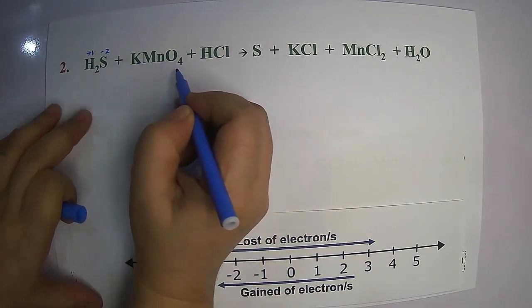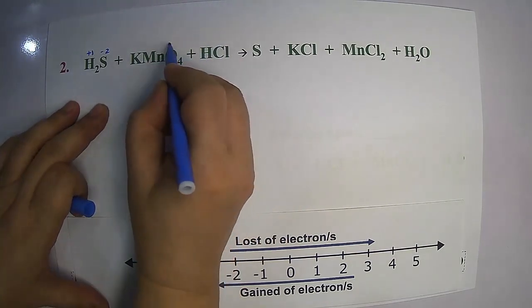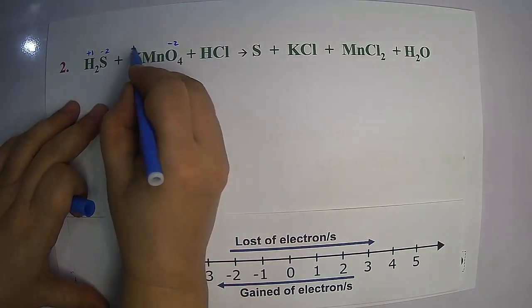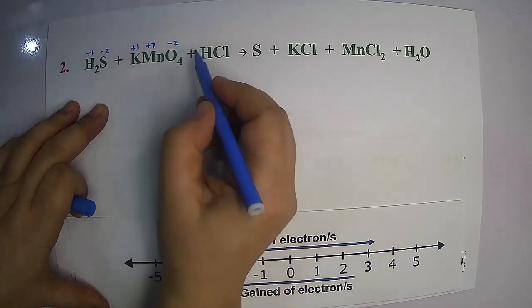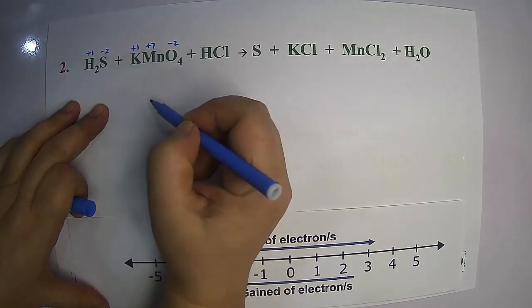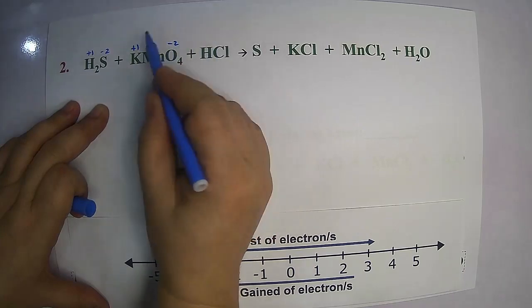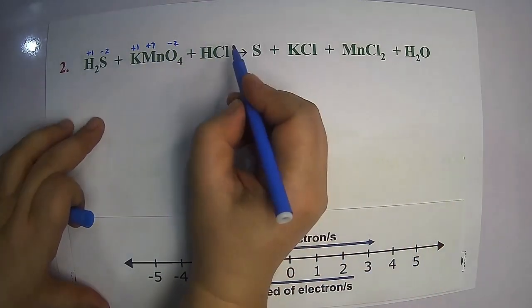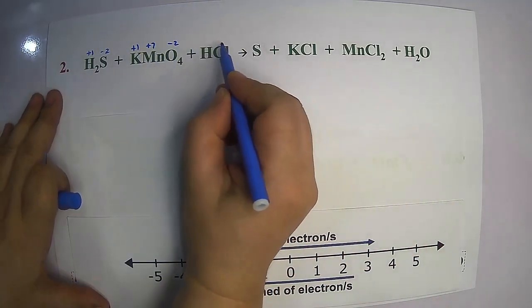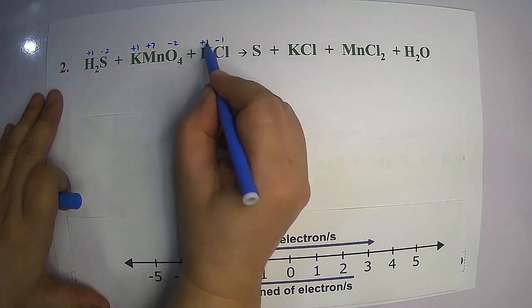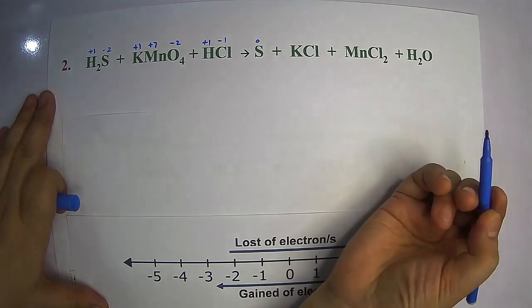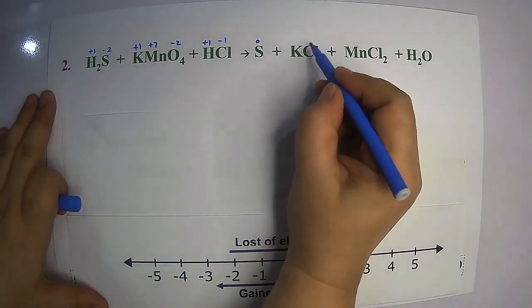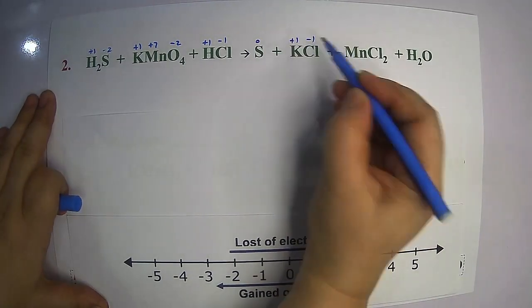Again, we have a tertiary compound. Here we have -2, +1. So this must be +7 because we have here -8 plus 1, we have -7, to make it equal to 0. That is +7. So next here we have -1, +1. Sulfur in an uncombined state is 0. Now we have another binary, +1.